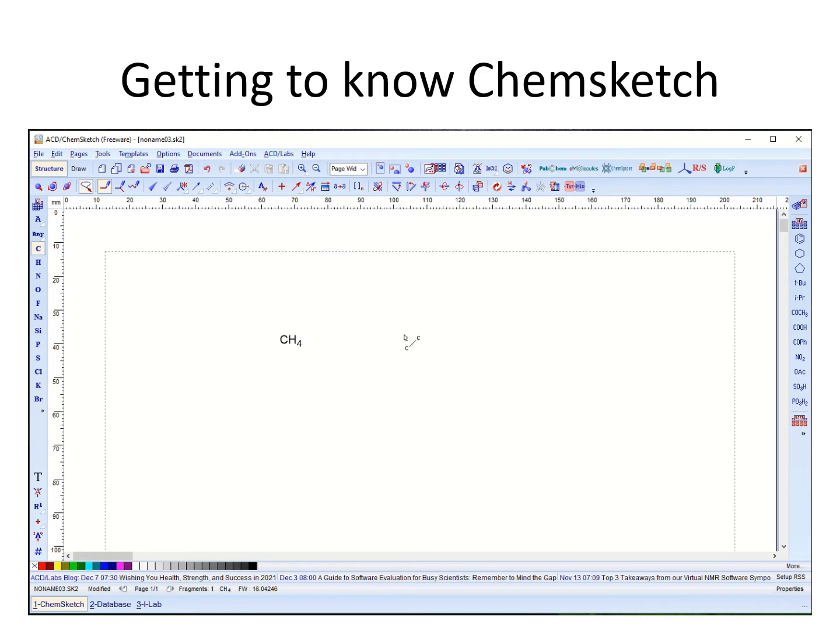Right, so you click C, one click, it's CH4, but if you click and drag, it becomes C and C, and then it automatically adds the hydrogens in there. However, if you make a mistake and just leave it with CH4, when you hover your mouse over there, you can see a rectangle shape around CH4.